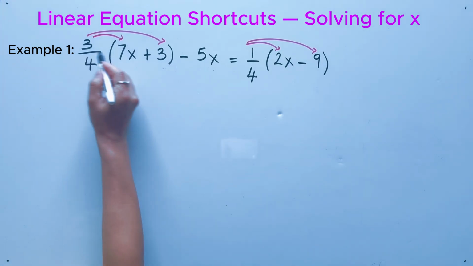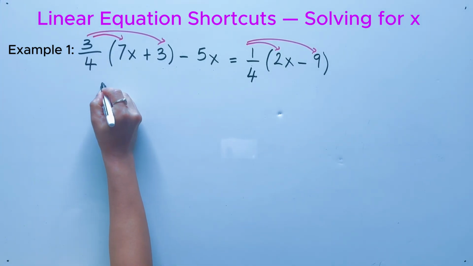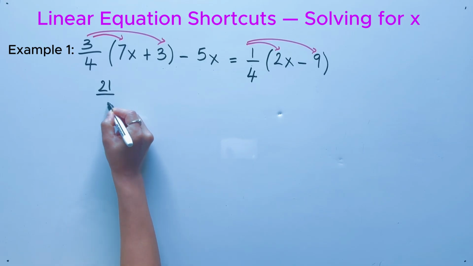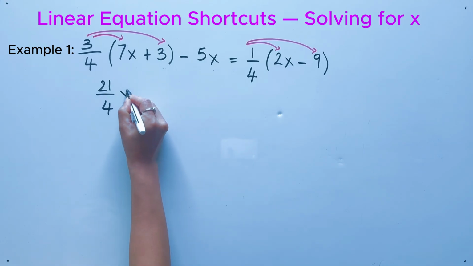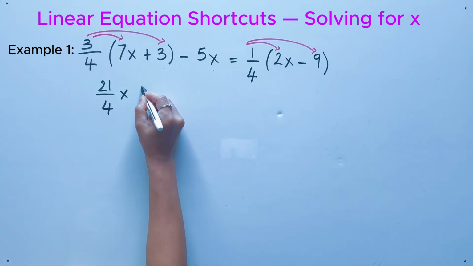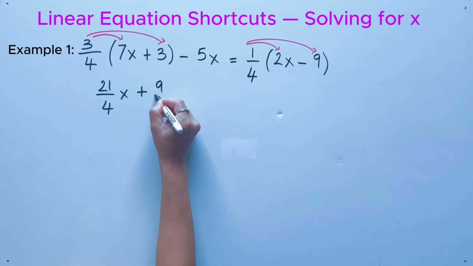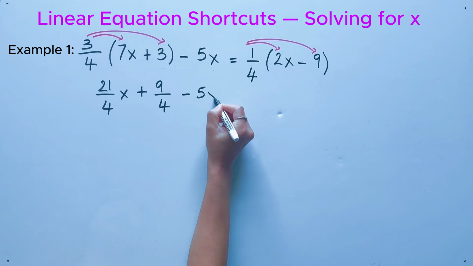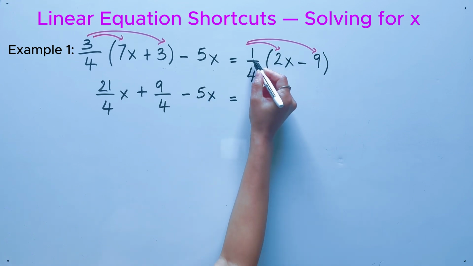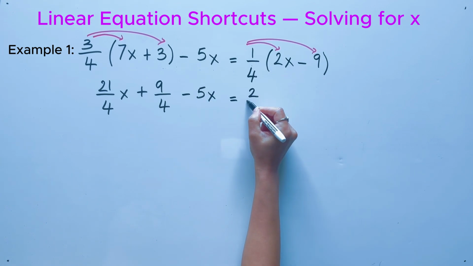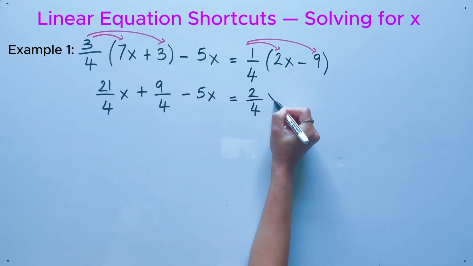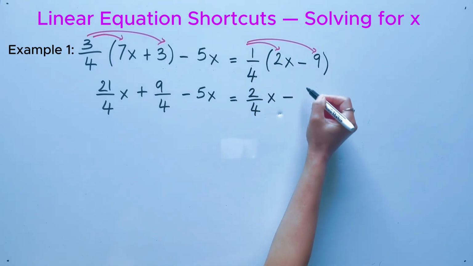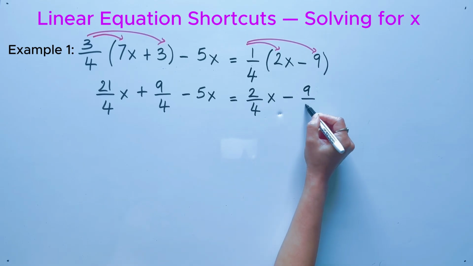So now 3 times 7 is 21 over 4x, 3 times 3 is plus 9 over 4, minus 5x equals 1 times 2, 2 over 4x, minus 1 times 9 is 9 over 4.